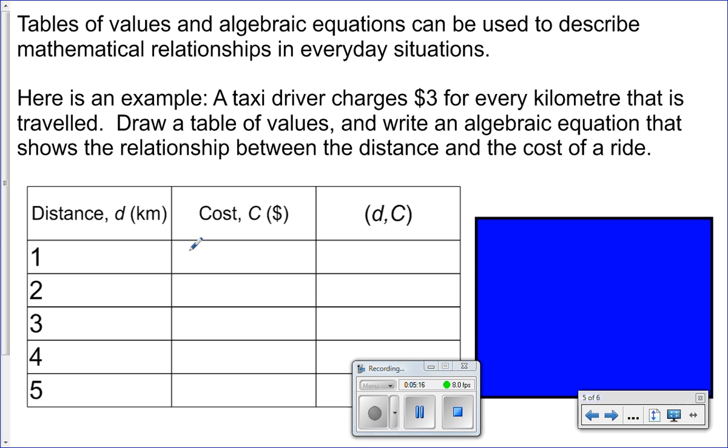Well, the cost is going to be 1 times 3, which equals 3. Therefore, our first pair is 1 and 3.